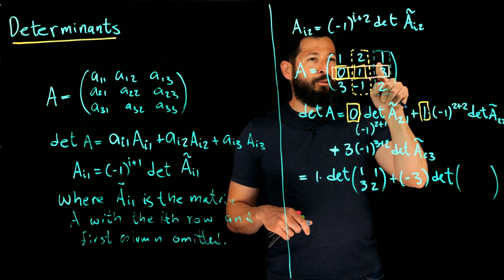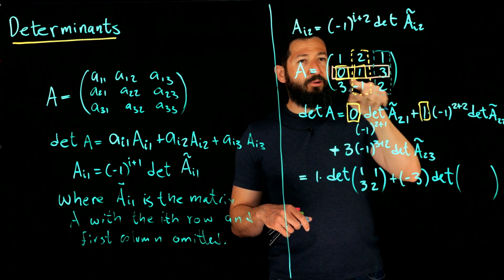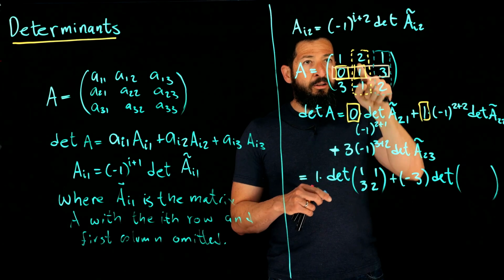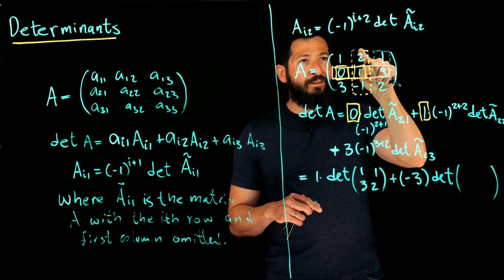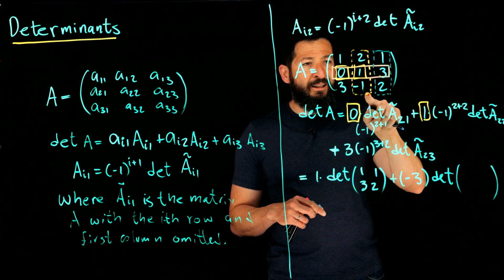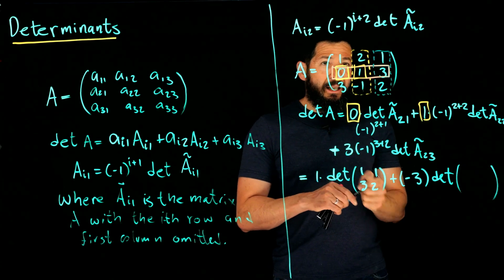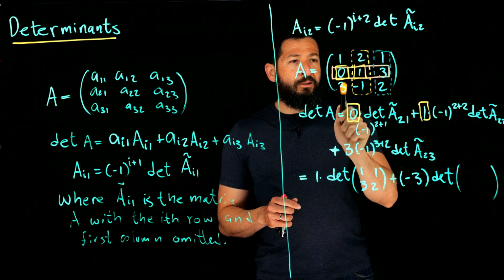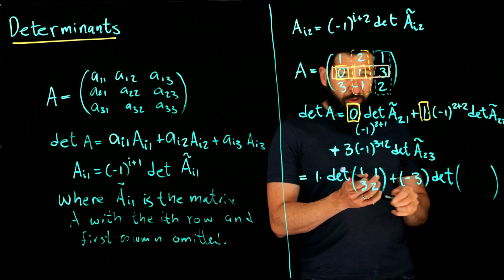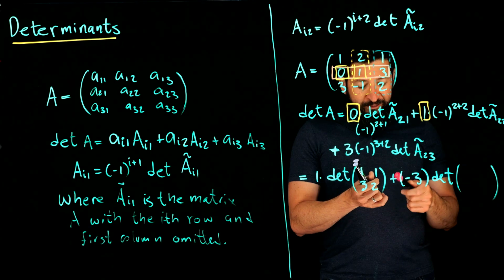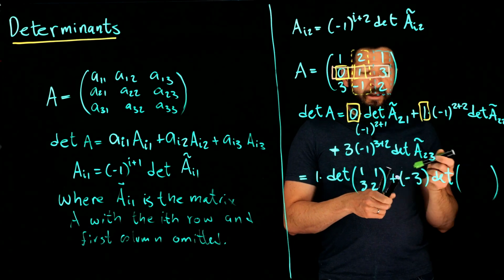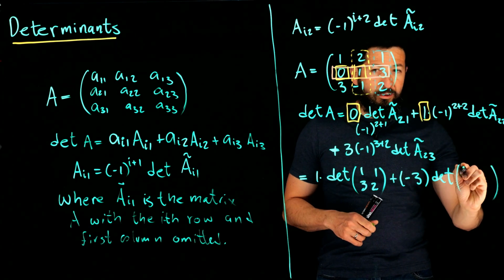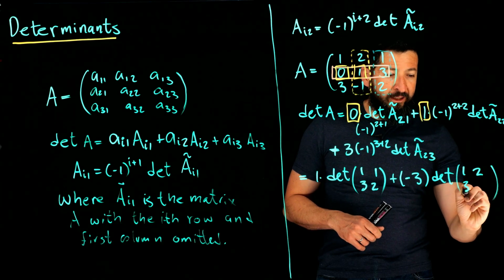So basically, whenever you grab a coefficient, you put that coefficient and then you eliminate that row and column. So let me try to eliminate this. It's not going to work out, but at least you can see it a little bit more faint. I'm going to get the matrix that survives, which is going to be 1, 2, 3, negative 1. So eliminating the second row and third column, 1, 2, 3, negative 1.